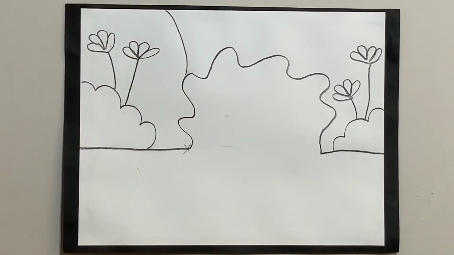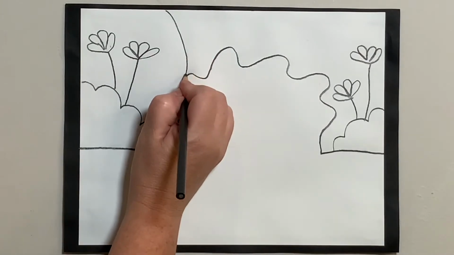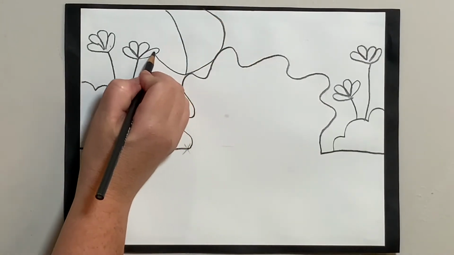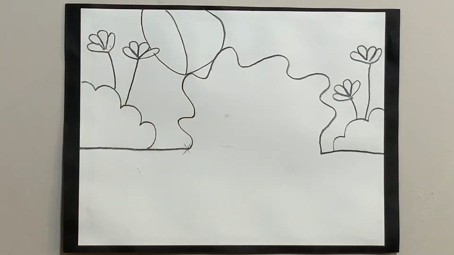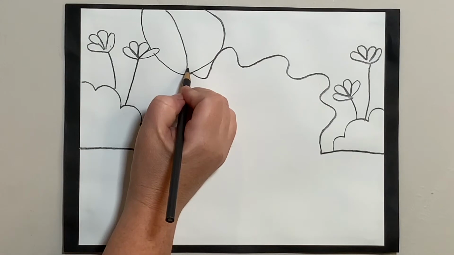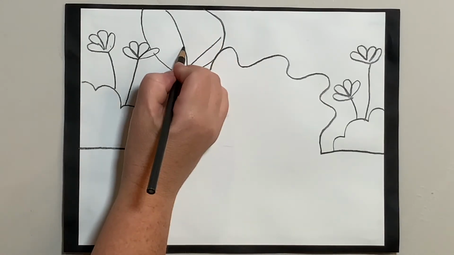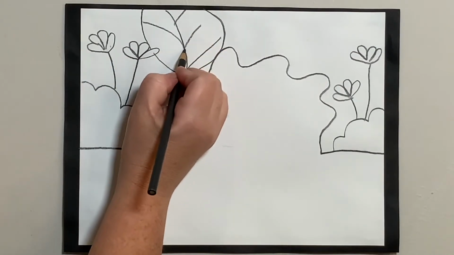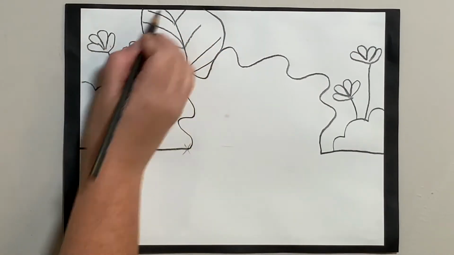And it doesn't have to be in the exact same spot. Now watch. Let's make a big curve on one side and a big curve on that side. That's going to be a giant leaf. And then you can draw some curvy lines showing the veins of the leaf if you want to.